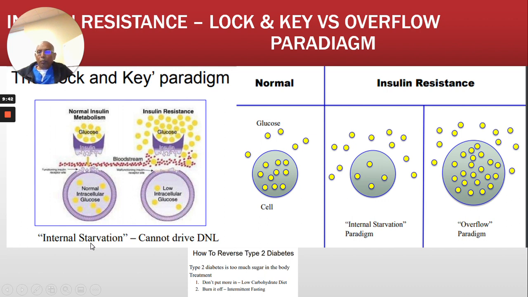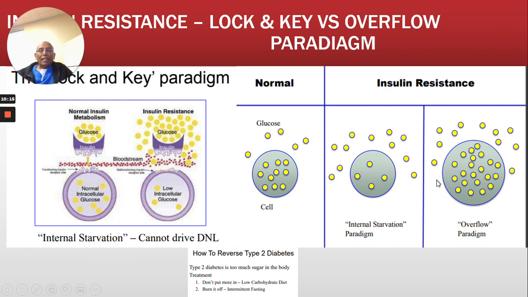Whereas it is contradictory to the normal understanding, because even when there is that quote unquote internal starvation, the de novo lipogenesis that happens in people with obesity and diabetes continues to happen. That is a different paradigm that we have to get rid of. Understand that in a normal cell, if there is more glucose, it converts into fat. Now, when there is more glucose inside, it's more of an overflow paradigm.